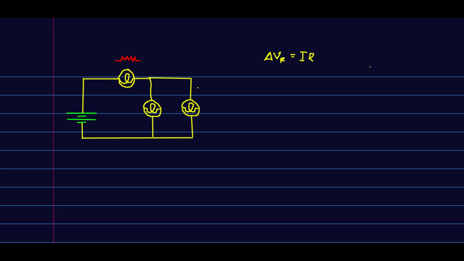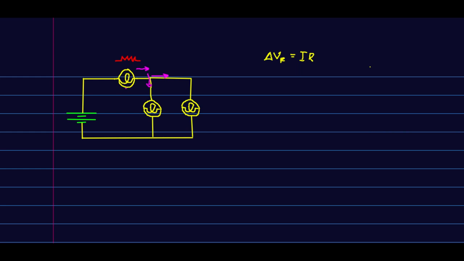And so let's think about which of these light bulbs is the brightest. Your knowledge of Kirchhoff's laws lets you now know that all of the current that flows through this one splits at this junction. And so the currents through these light bulbs have to be less than the current through this bulb.